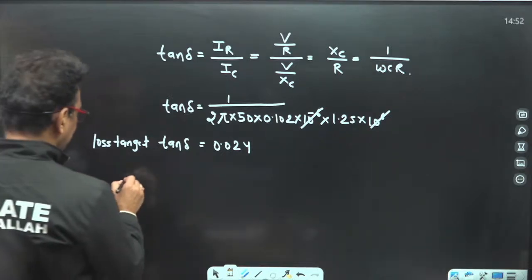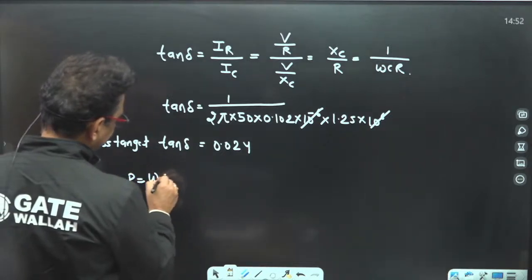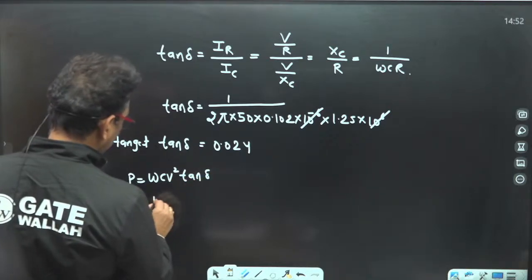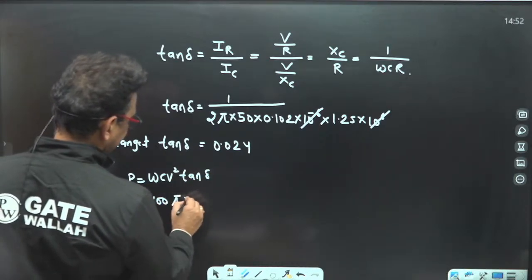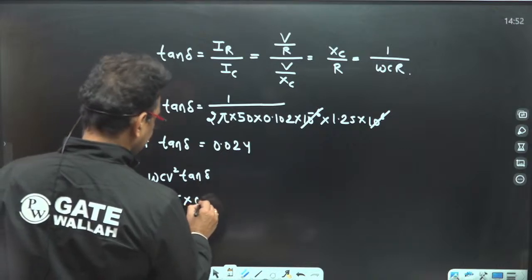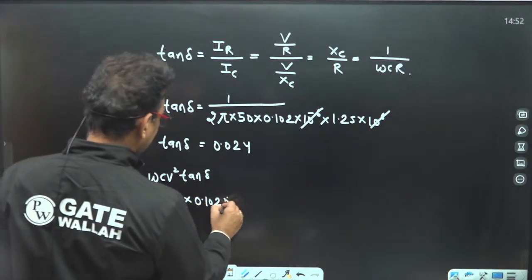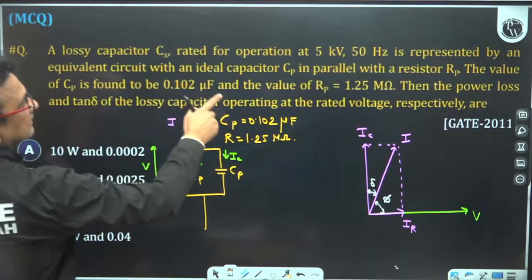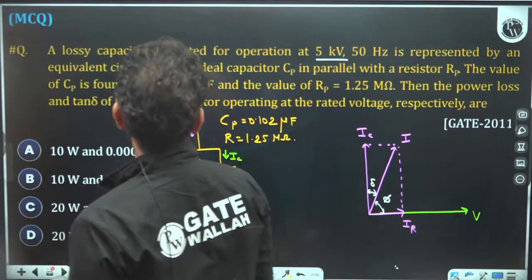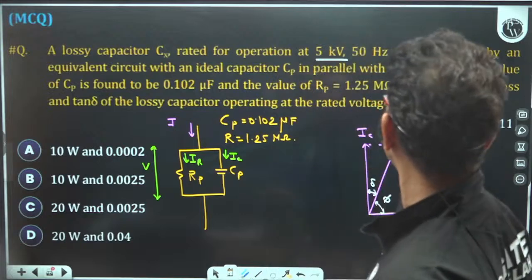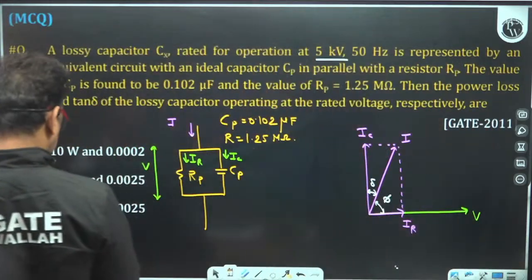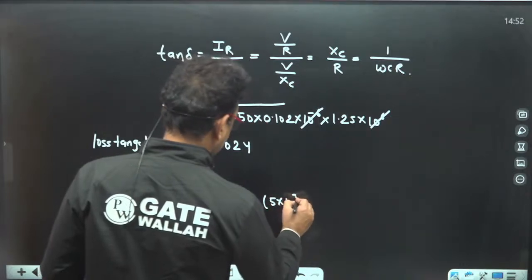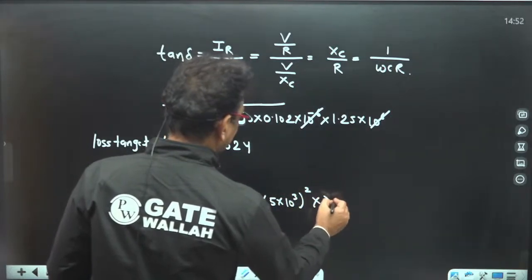Now, what is the power formula? It is omega C V square into tan delta. Omega is 100 pi, C is 0.102 into 10 raised to the power minus 6, V square, where V is 5 kV, so 5 into 10 raised to the power 3 squared, into tan delta 0.024.